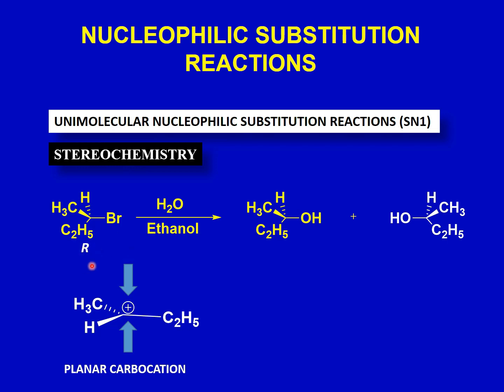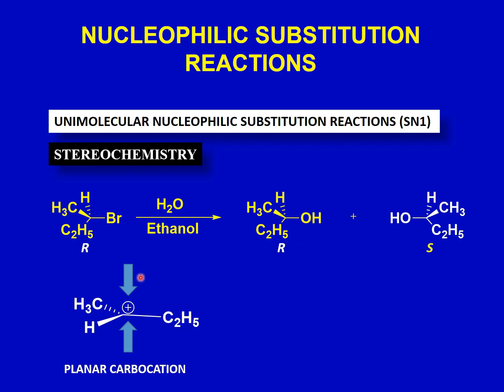Now this R molecule is converted into these two alcohols. The first one has absolute configuration similar to the substrate, that is R, and the second one has opposite stereochemistry, that is S. And this proves that both faces of this carbocation, which is formed after breaking of this carbon-bromine bond, are available for attack.